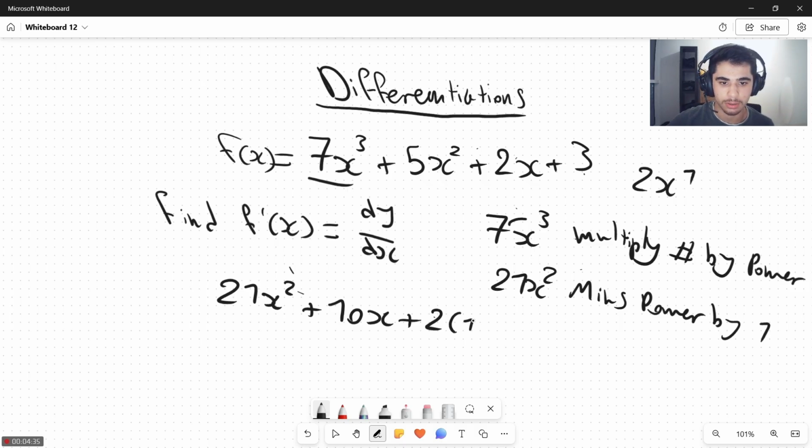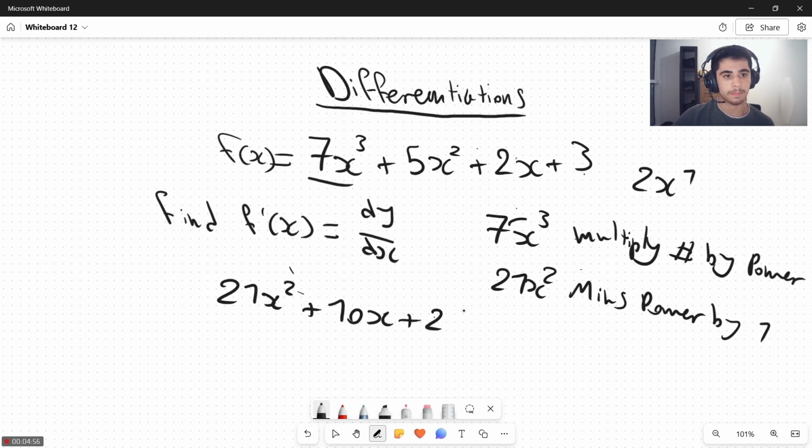So it's just 2 times 1, which is just 2. That's it. If it's just a number and x, just don't write the x. That's my method. I don't know if there's a mistake for it in the future, inshallah no, but that's my method.